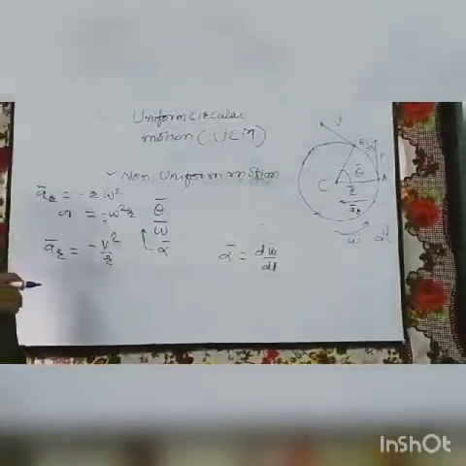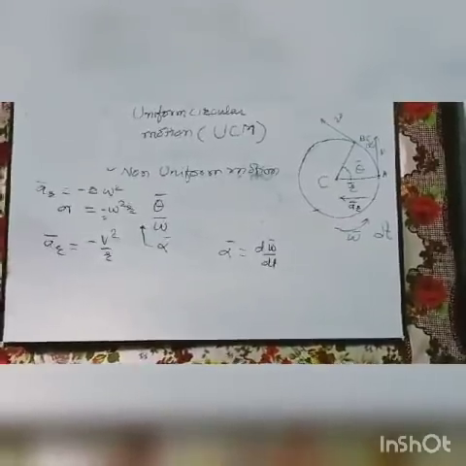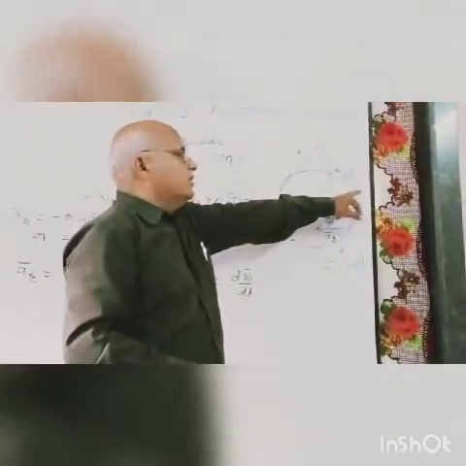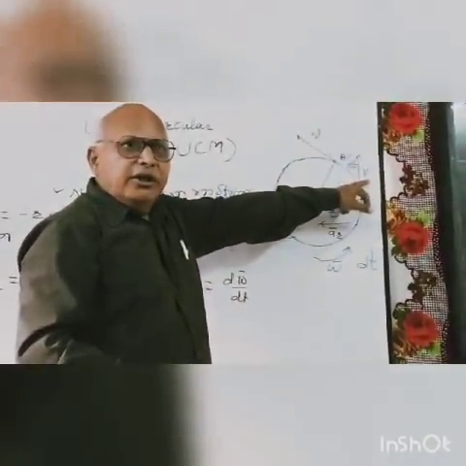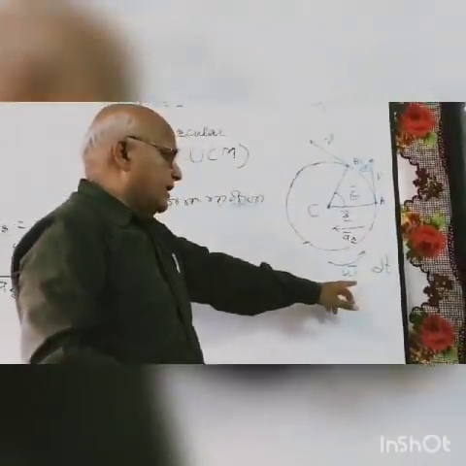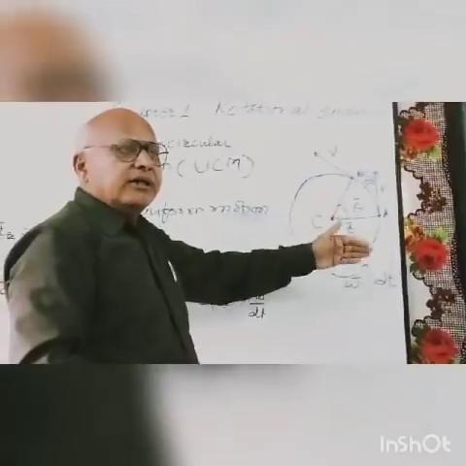In non-uniform circular motion, the linear velocity either increases or decreases as the angular velocity increases or decreases.